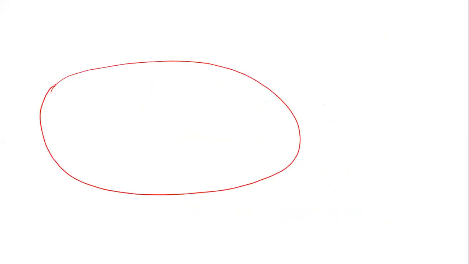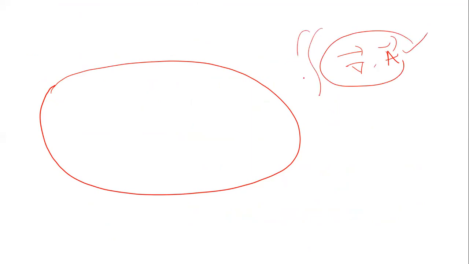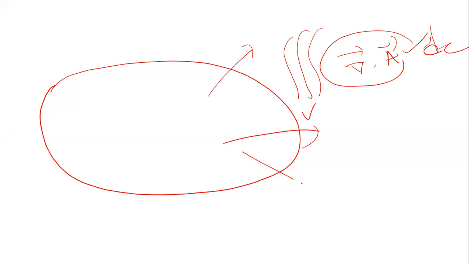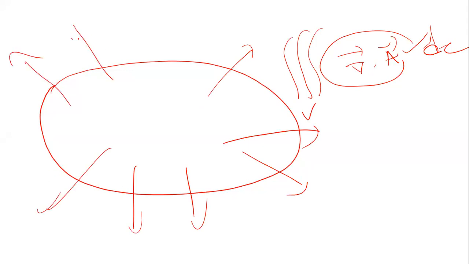So if you have a certain volume like this, divergence of A measures the net outflow of the vector field. And if you are integrating over a volume like this, d tau, you are summing the total outflow of the vector field.